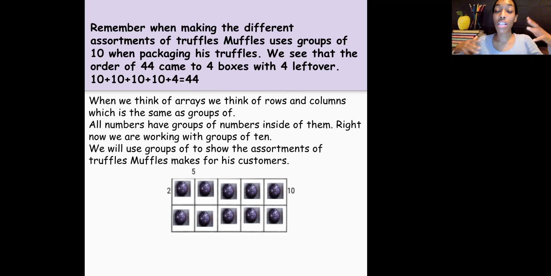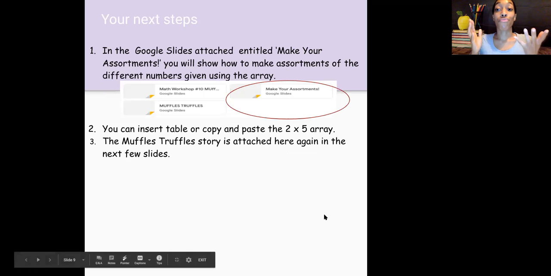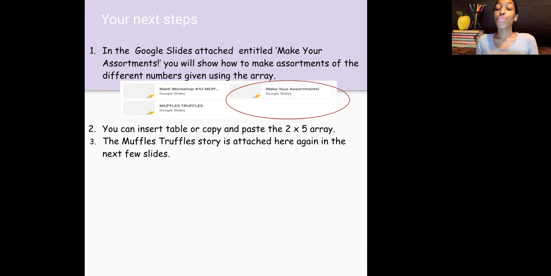So let's really get familiar with this and get comfortable with using this array. We're going to be using it to show lots of other numbers for how many boxes he'll need for other assortments. So right now, your next steps are to go and complete the Make Your Assortments Google Slides that are attached to this assignment or lesson.